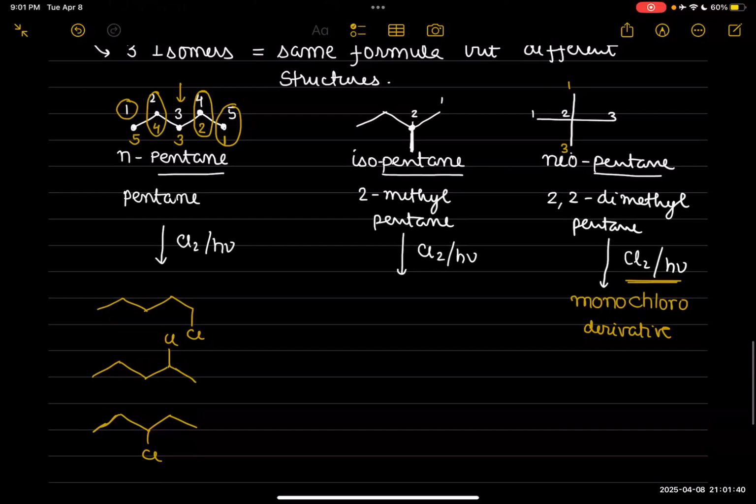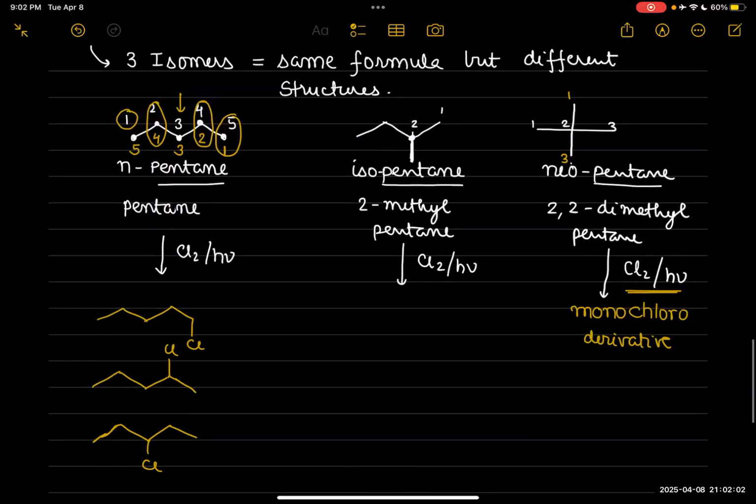You have 5 carbon atoms, and one of the carbons doesn't have any hydrogen. Can you tell me which carbon doesn't have any hydrogen? Sir, the central one. So basically one monochloro derivative. Yes, exactly one, because all 4 are just like a symmetrical cross.